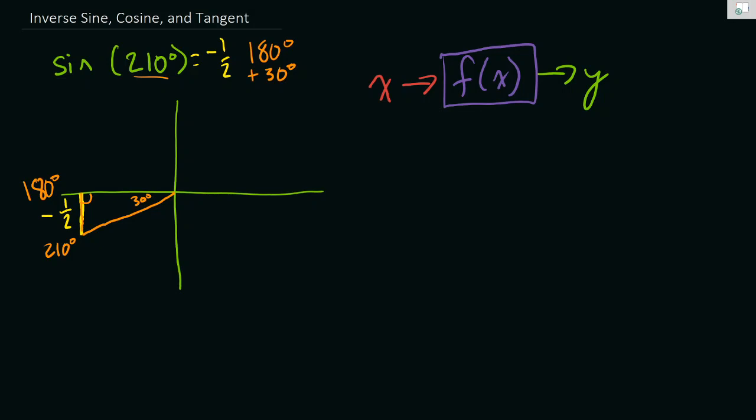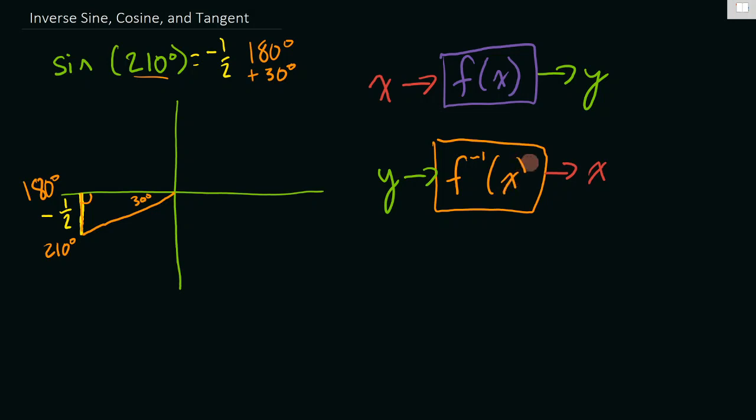What that means is if you want to go backwards, take your y value and get your x value out of your function, you need some sort of reverse function. Our notation for a reverse function is f minus 1 of x, and this is the inverse function. And f of x, of course, is just our basic function.